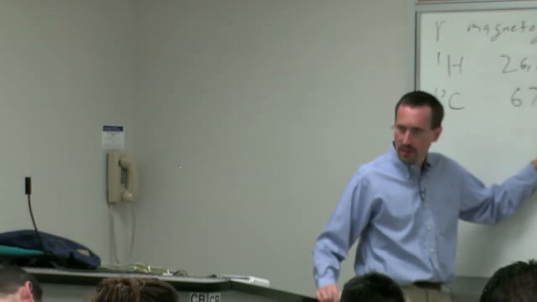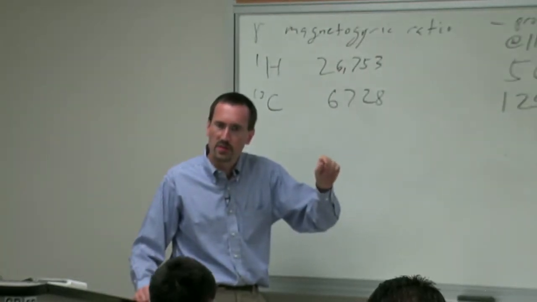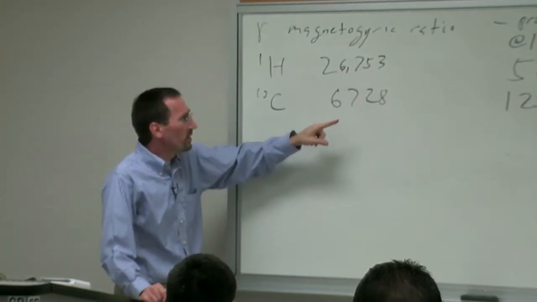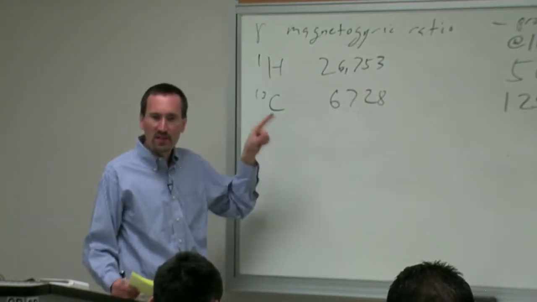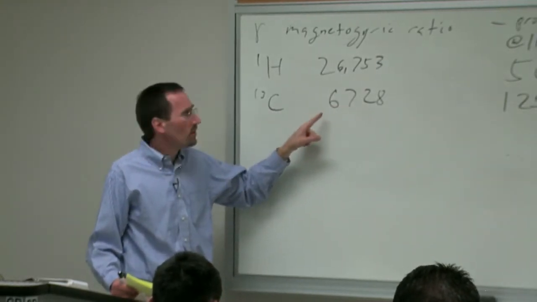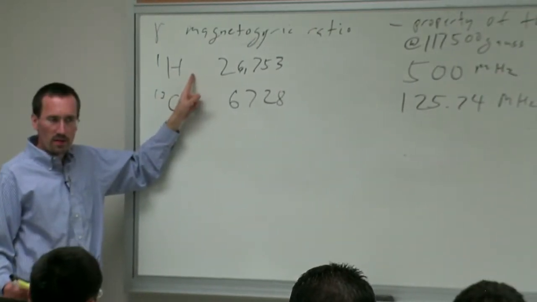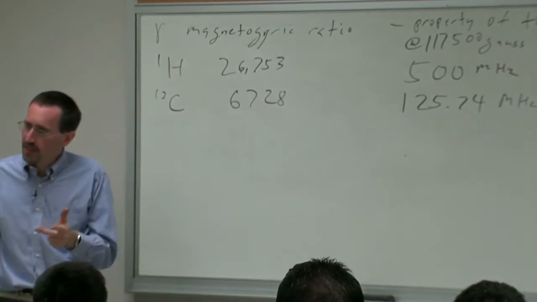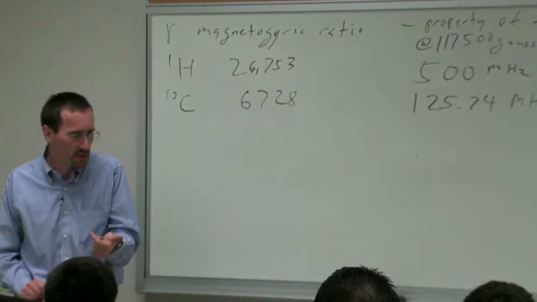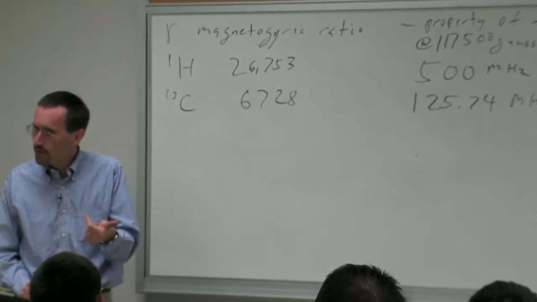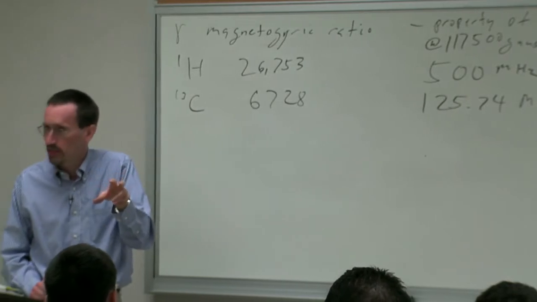So one of the implications, remember I said you were dealing with very small energy differences. One of the implications is the energy differences are even smaller for carbon than for proton. So now you're getting doubly damned for carbon because the natural abundance of C13 is only 1.1%. So most of your carbons aren't even C13.